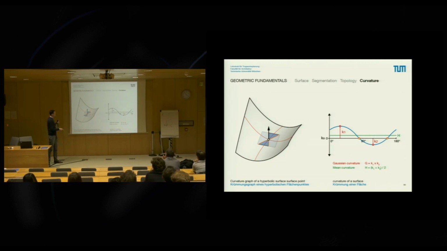And if we multiply both of them, we get the Gaussian curvature. And the average is H. That's the mean curvature. And here, why I'm showing this is because you can also beautifully see where this normal curvature hits 0. So that's where the orange line is. That is the asymptotic direction. And that's something that I will come to later as an important part of my research.